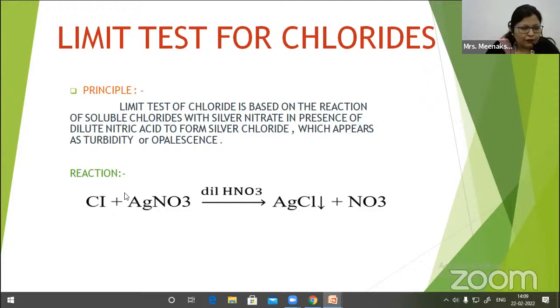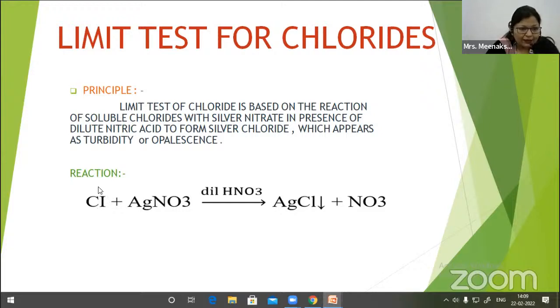Now first of all, let us discuss more broadly what the reaction says. In the limit test for chloride, as it is a limit test, we are finding out the impurities of chloride in our sample. So first we make two solutions. One is a standard and another is a test.